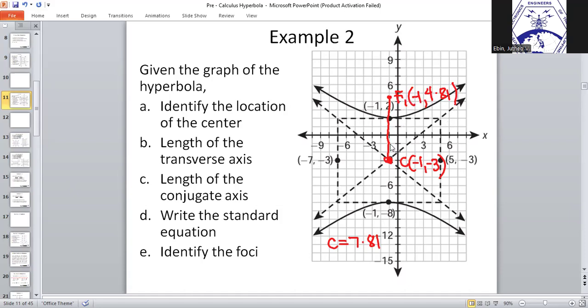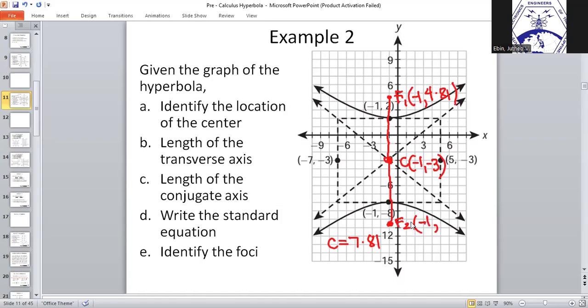Okay? Next, focus number 2 naman, pababa. Bilang tayo ulit ng 7.81. 1, 2, 3, 4, 5, 6, 7.81. Ayan. So, focus 2 is at -1.